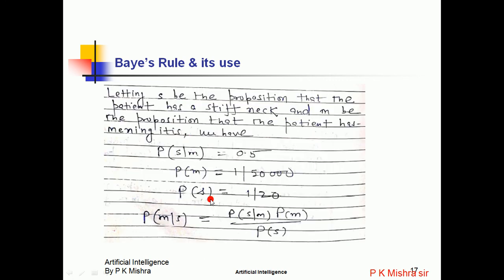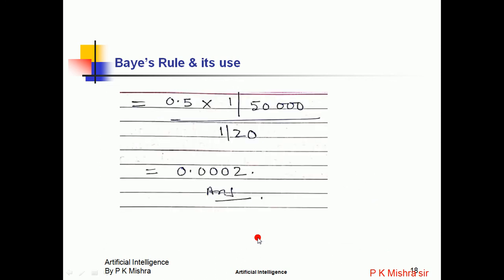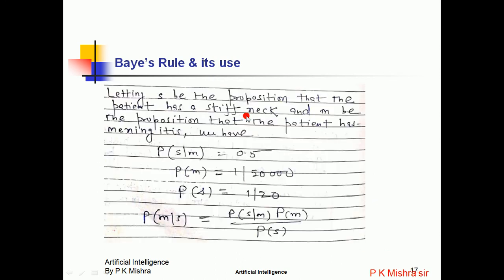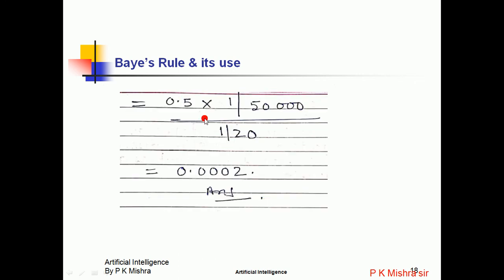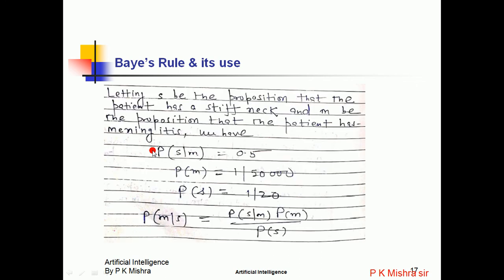Now see, 0.5. Why is it 0.5? Because probability of stiff neck given meningitis is given as 0.5. So 0.5 times probability of meningitis, 1 by 50,000, upon probability of stiff neck, 1 by 20. After calculation, we will get 0.0002%. Okay, this is the probability of meningitis given stiff neck.